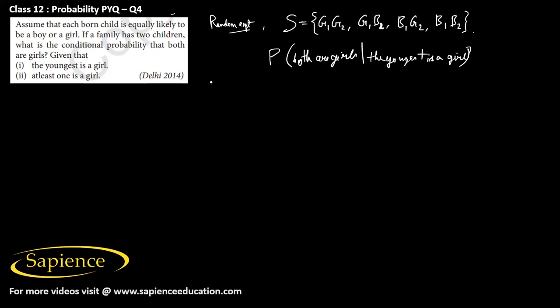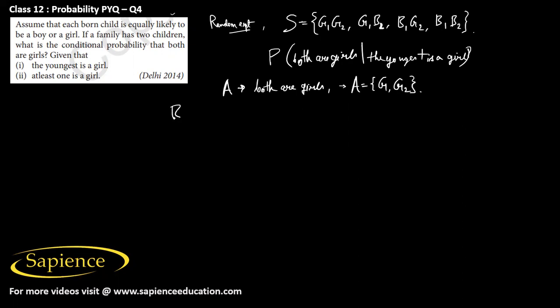Here we can first define some events. Let's say the event A is defined as the event that both are girls. So the event A can be written as (G1, G2).